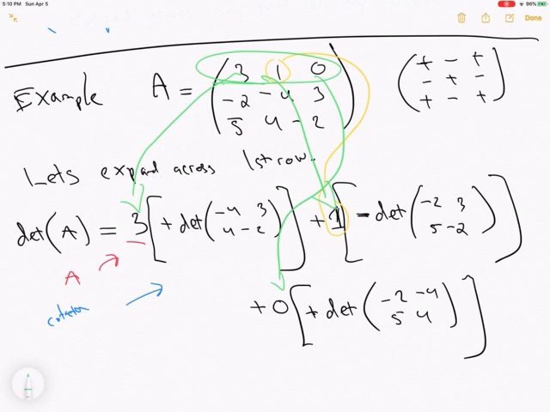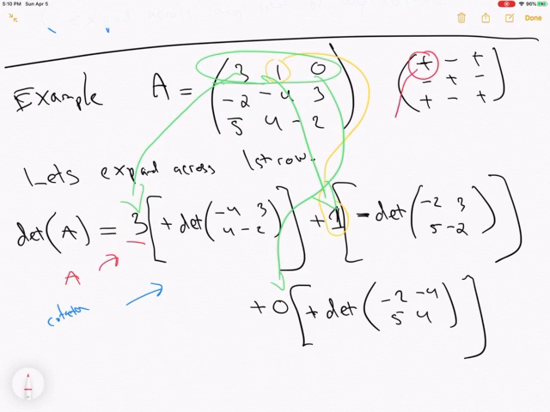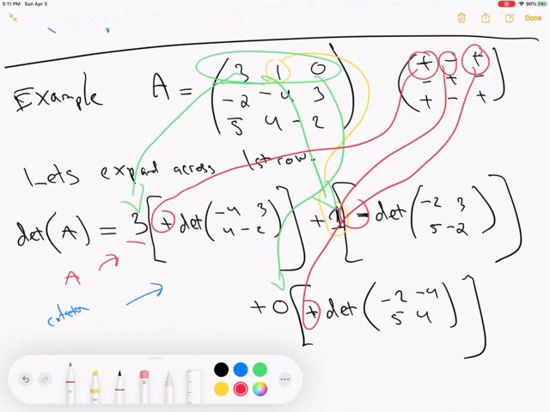And then we also will have these determinants of submatrices, but there's a certain sign, positive or negative, that goes in front of them. So the signs come from here: this positive is where that positive comes from, this negative is where that negative comes from, and this positive is where that positive comes from. Anyways, of course we're not quite done, so we have to keep going.